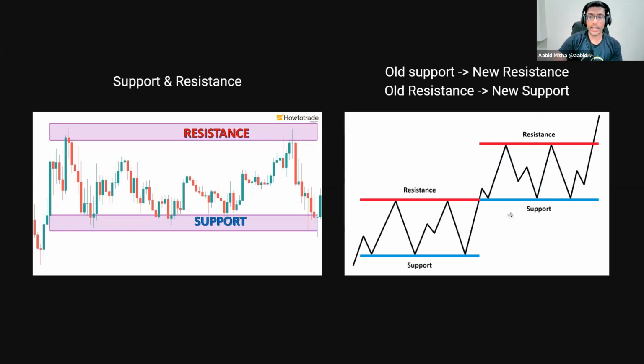So that's the idea of support and resistance. The main thing to understand is resistance is pretty much the ceiling, support is the floor. Old support can potentially turn into new resistance, and old resistance can potentially turn into new support.